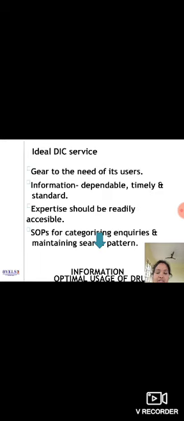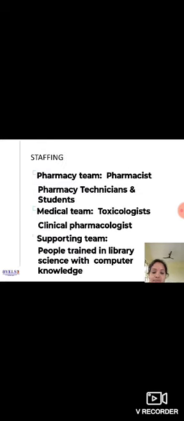An ideal drug information service is geared to the needs of its users. Information should be dependable, timely and standard, expertise should be readily accessible, and there should be standard operating procedures for categorizing the enquiries and maintaining the pattern, for optimal usage of drugs. As for staff, the pharmacy team, that is the pharmacist, is responsible for the drug information center, along with pharmacy technicians and students.